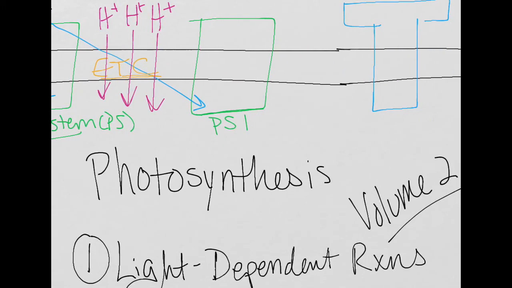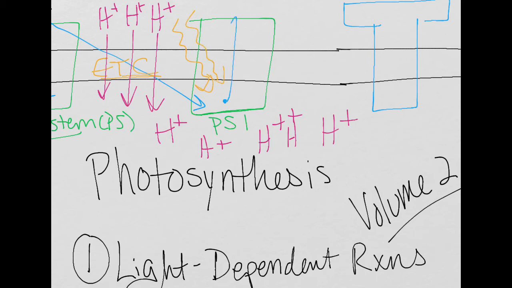So now a lot of the energy from our electron is spent by going through the electron transport chain. It was all used to move hydrogen ions into the thylakoid space down here. Okay? And it ends up in photosystem 1. In photosystem 1, it yet again interacts with plant pigments, and yet again sunlight rays come down and excite the electron to a higher energy state.